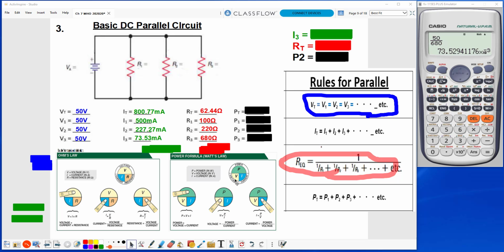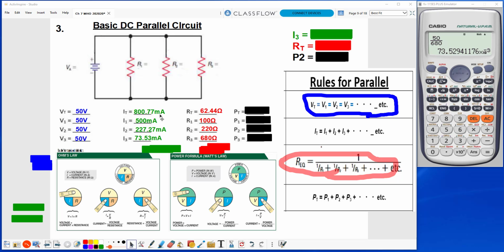And then you can refer back to either one of these formulas that you need, whether it be Ohm's Law or the power formula. And as I've shown you in class, there are a bunch of other formulas for power and voltage and resistance and current, but we're just using the basic power formula and Ohm's Law.